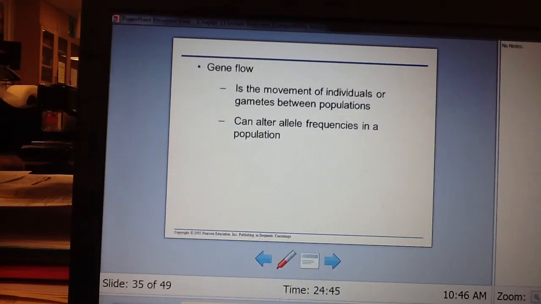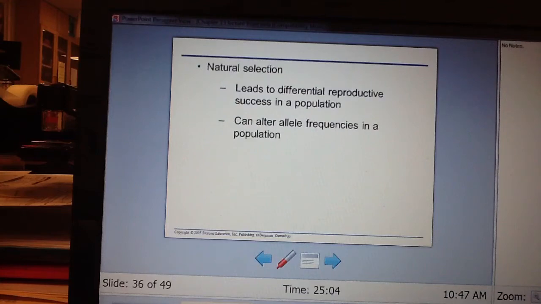Now, gene flow is our way of saying that the genetics can change when individuals come into or out of a population. So if immigration or emigration happens, we're bringing genes in or out with us. That in itself can alter the allele frequencies in a population for Hardy-Weinberg.